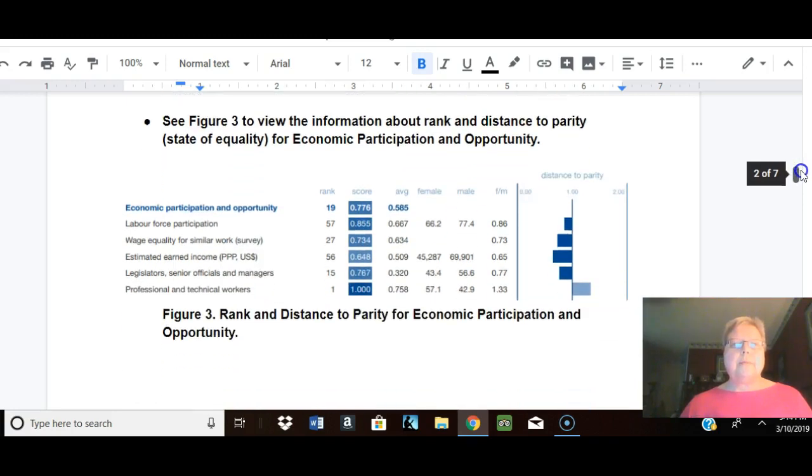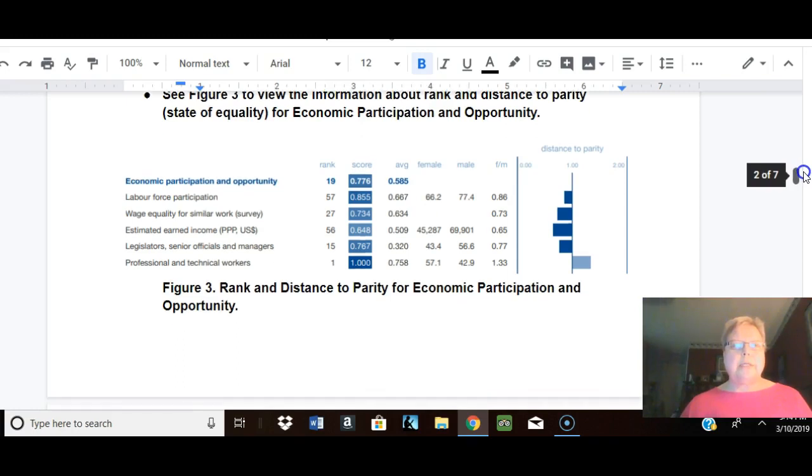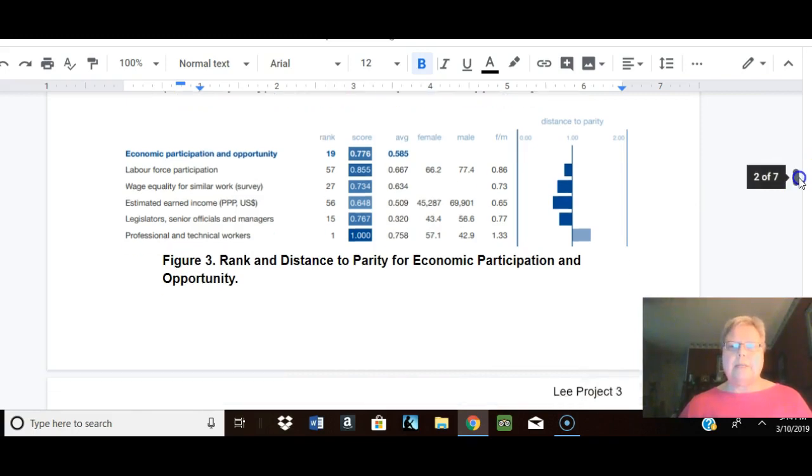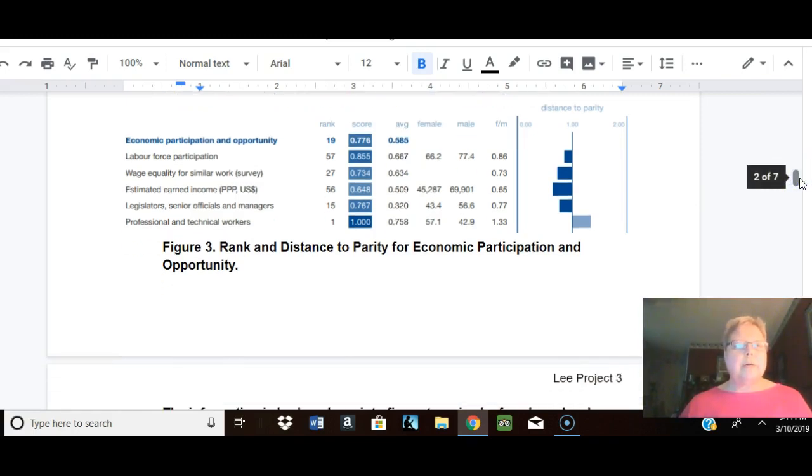So then I went on and looked at, in Figure 3, just the economic participation and opportunity. And you can look at that. This little chart that they give you over here on the side shows the distance from parity, so you can visually see it, and then you can also see where we're ahead of the game. So we're doing really well in professional and technical workers.